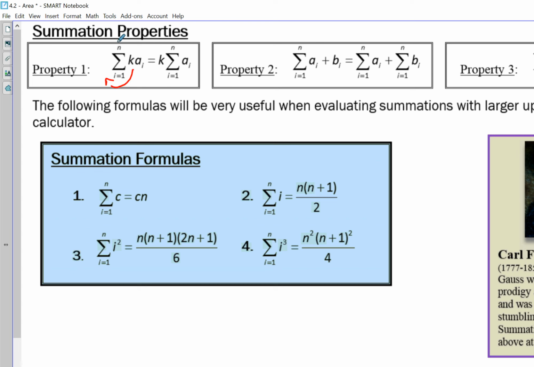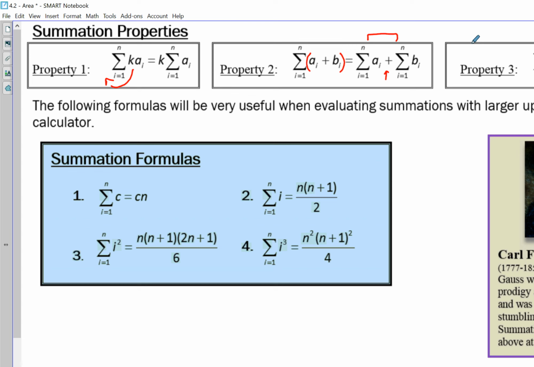Property 2 is simply saying that if you're finding the sum of two separate expressions, that is the same as the sum of the summations of those two separate expressions. If we're taking the summation of the difference of two expressions, we can then find the difference between their separate summations like that.